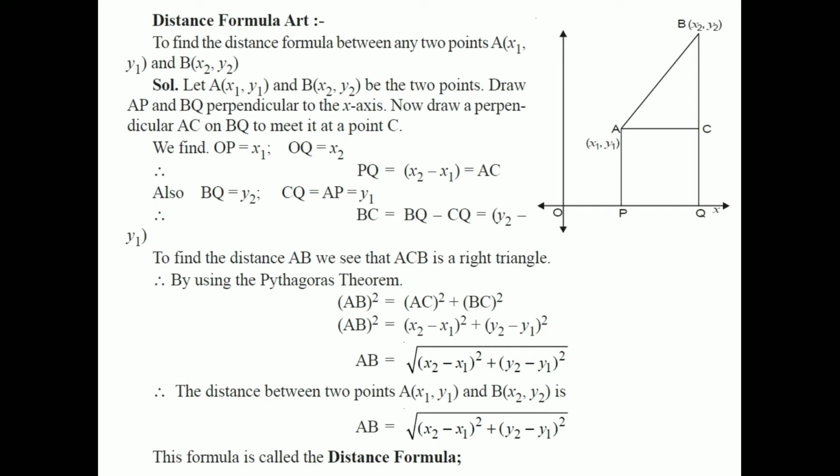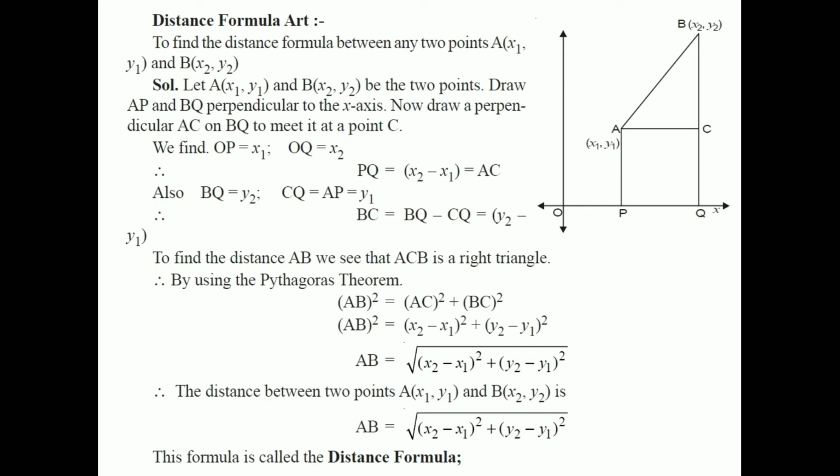Now from the figure, draw AP perpendicular to the x-axis. Similarly, BQ is also perpendicular to the x-axis. Similarly, from point A, we drop AC perpendicular to line BQ, which intersects the line BQ at point C. Now look at the figure.